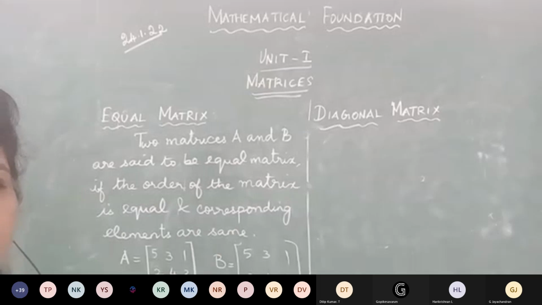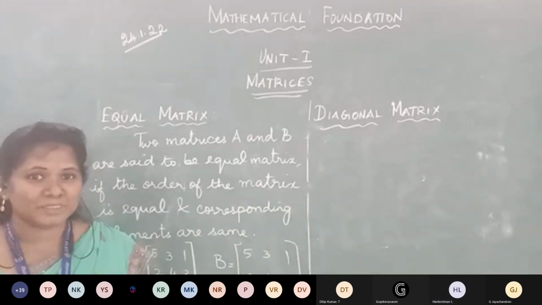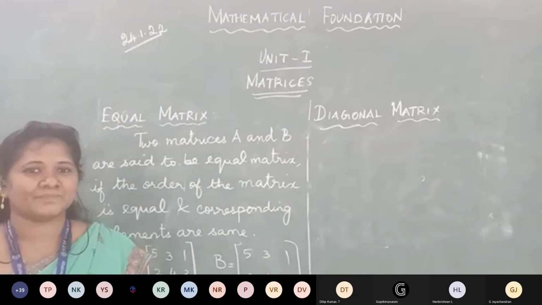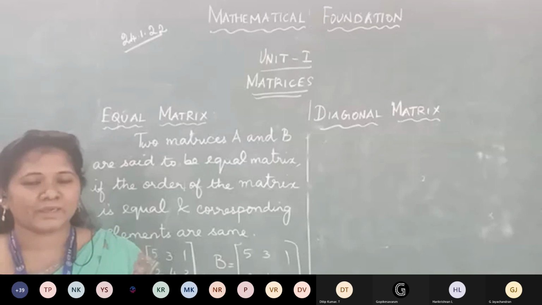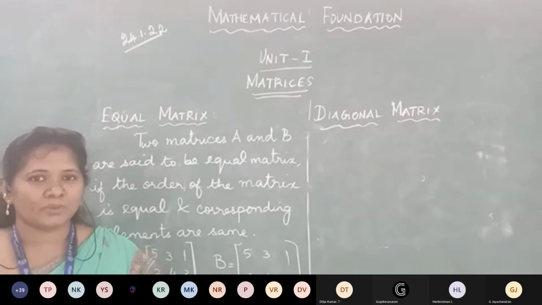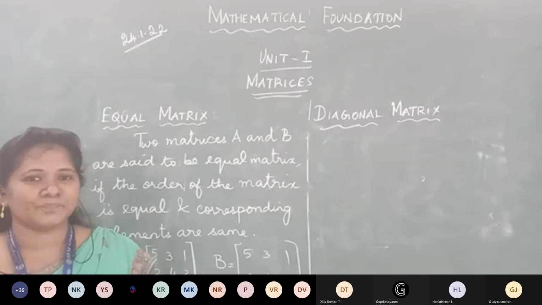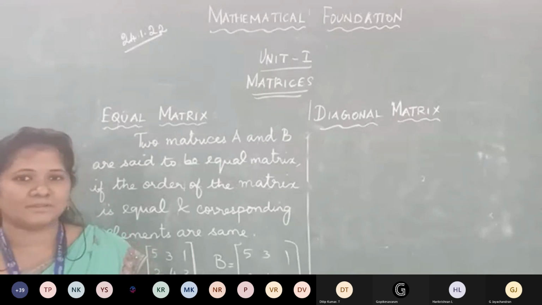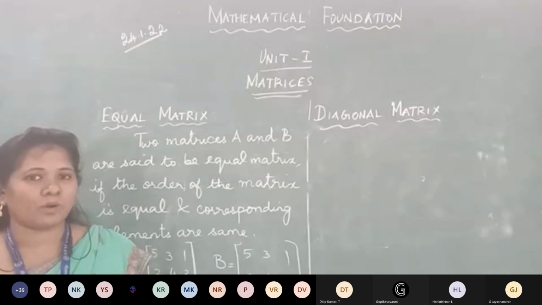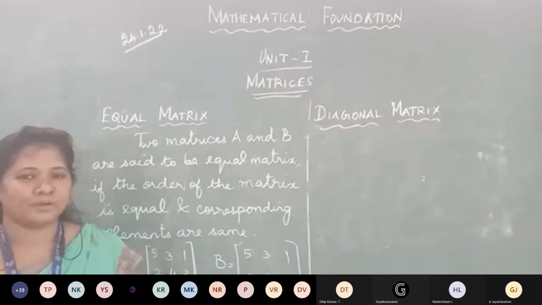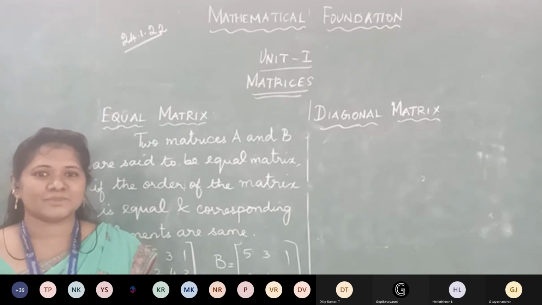Diagonal values will be same. Diagonally you'll have values. Is it necessary that it has to be same? It may not be same. And then what about the other values? What about the other values? Zero. Diagonal, the other terms will be 0.